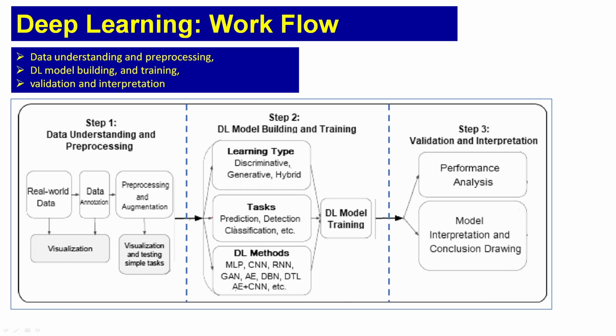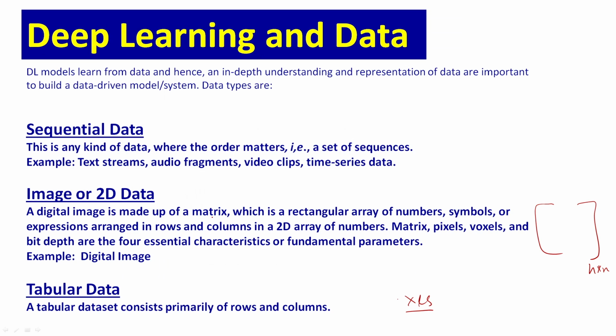Now, what is the deep learning workflow? Remember, I showed you the machine learning workflow also. There are three important aspects in the deep learning workflow. One is data understanding and pre-processing. I already told you about data understanding: what kind of data you are handling, sequential data, image or 2D data, or tabular data.